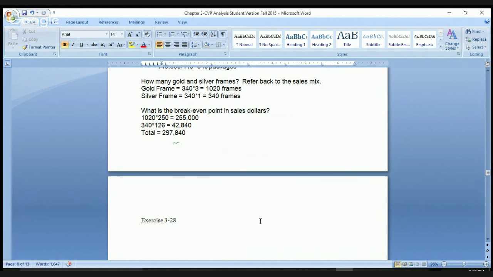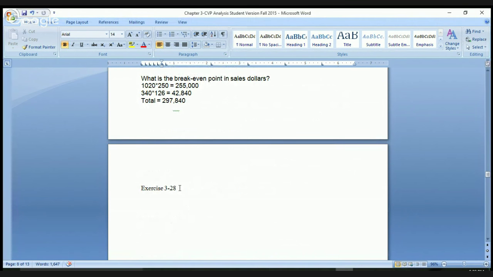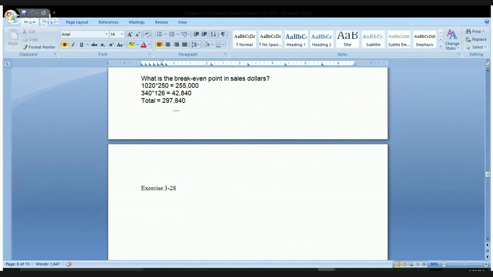Now, in this particular problem, I know the Excel spreadsheet has some information about coffee mugs, and unfortunately, I could not find all the information with regards to that. The information that they provide us is a little sketchy. It doesn't have all the information.